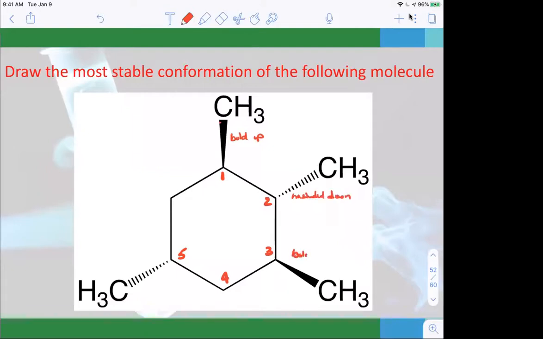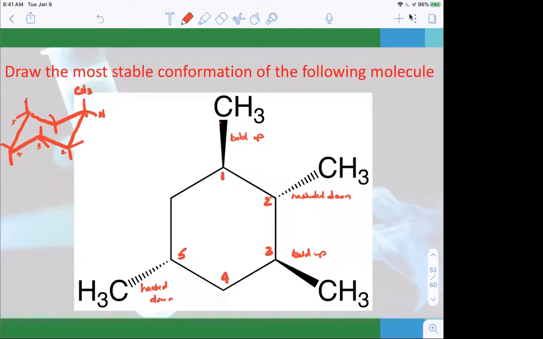This is bold up. This is hashed down. So I'm just going to arbitrarily draw one of my chairs. I'm going to put in all the axial and equatorial bonds in the appropriate way, no fishtails. And then I'm just going to arbitrarily say, maybe this is carbon 1, carbon 2, carbon 3, carbon 4, carbon 5. And I'm going to put this axial up.